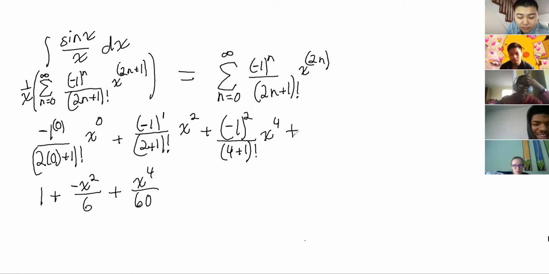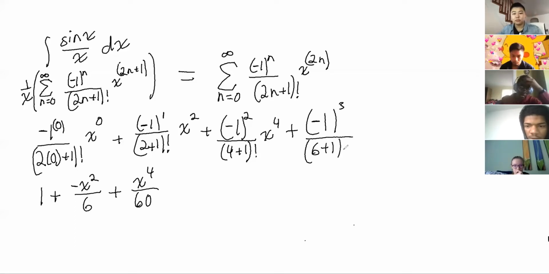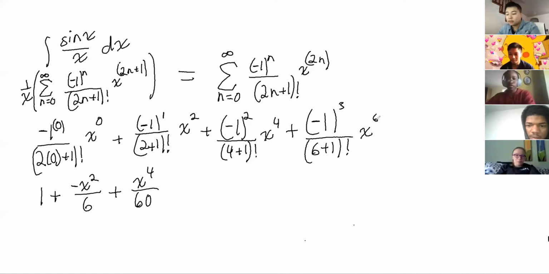Yeah, sure. Because this is gonna start getting ridiculous after a while. So it's gonna be negative 1 cubed over 6 plus 1 factorial times x to the 6. Let me get my calculator real quick. 7 factorial. What's 7 times 6 times 5?